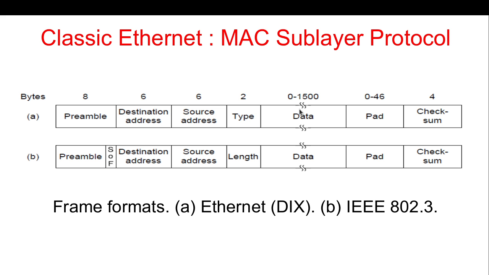So to reach a minimum of 64 bytes, if the data is less than 46 bytes, a padding field is used. That padding will be added to the data so that this portion becomes a minimum of 46 bytes. Combined with the destination address, source address, type and checksum, the overall length becomes at least 64 bytes.